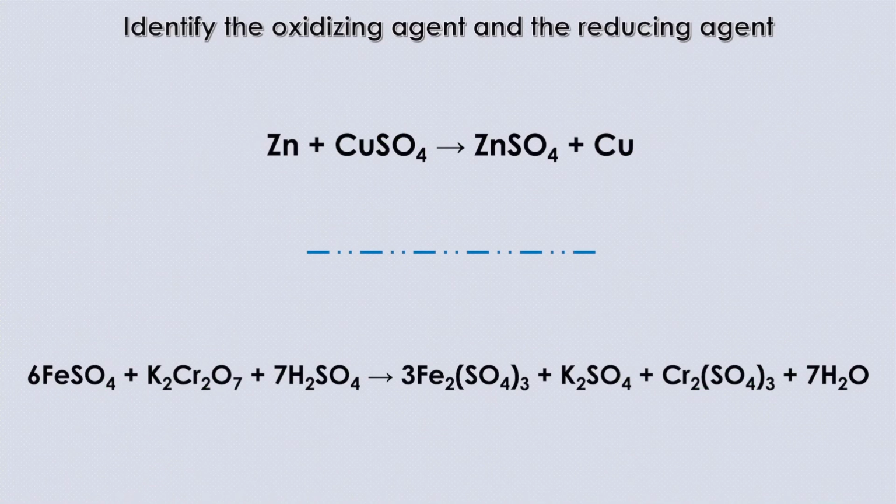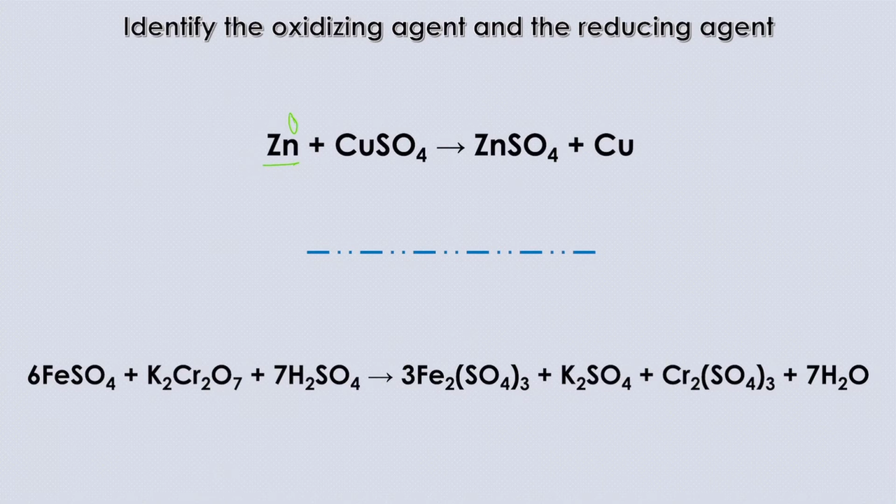We have here more applications. Identify the oxidizing agent and the reducing agent. Okay, we can check here: Zn plus CuSO4 is giving ZnSO4 plus Cu. Zn here is in its pure form, so it's 0. You can return to the previous video to check the rules that we have discussed for assigning the oxidation numbers.